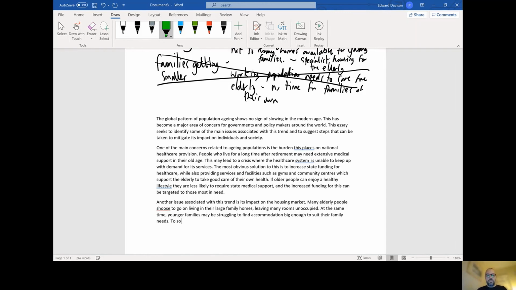So to solve this problem, governments should provide specialist housing facilities suited to the needs of the elderly.